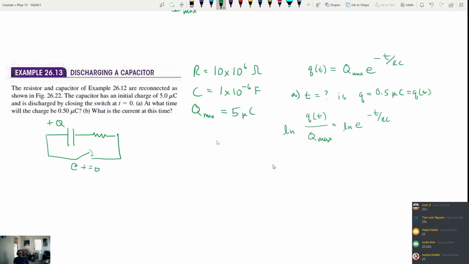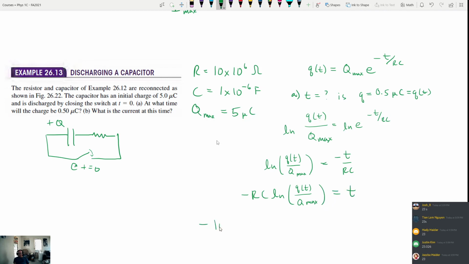If we take the log of both sides, we'll get the natural log of Q of t over Q max is equal to negative t over RC. We're solving for t, so if we do negative RC times the natural log of Q of t over Q max, that should give us the value of t.